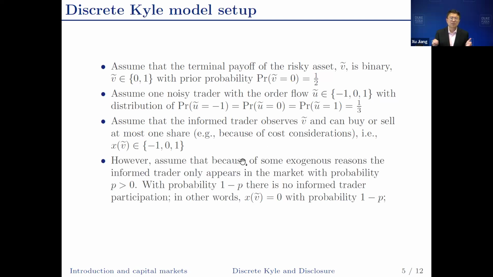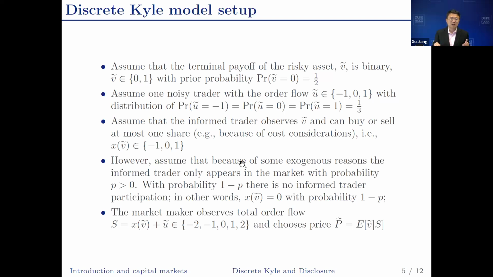Why are we saying potentially informed trader? Because we assume that for some exogenous reasons, the informed trader may not appear in the market. The informed trader only appears in the market with probability P, which means with probability 1 minus P, there is no informed trader, so there is 0 order flow coming from the informed trader in this case.